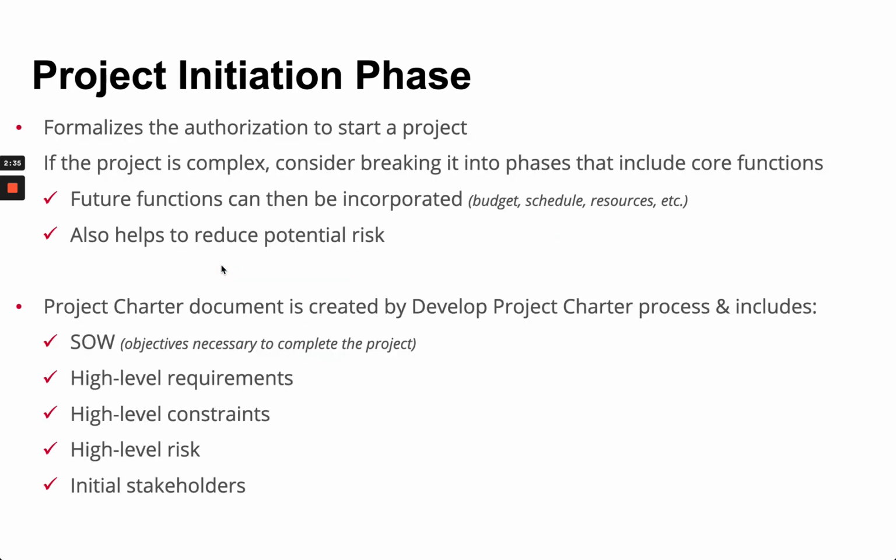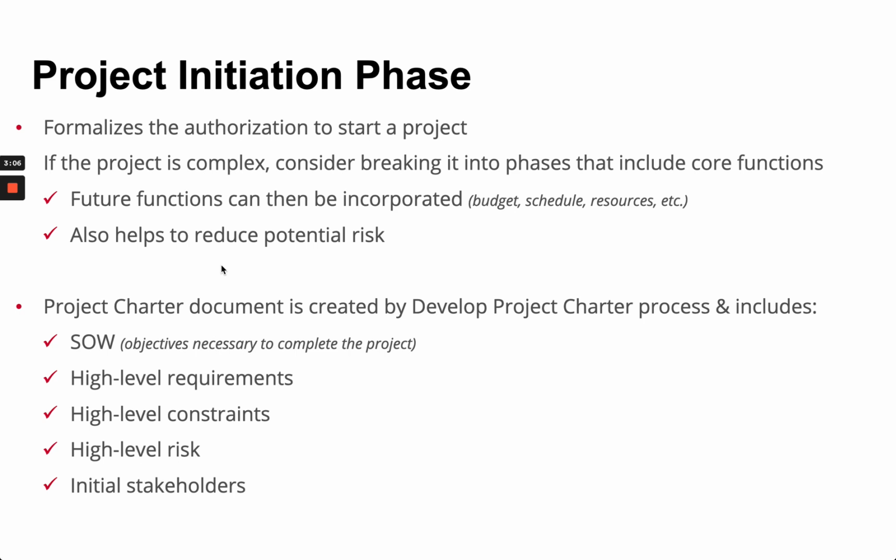Okay, the initiation phase, it starts the formalization of authorizing to start a project. And, oh, by the way, if it's a somewhat complex one, like the one I was just saying I've been involved in, a global enterprise deployment, you may want to break it up into different phases, maybe different core functions. We're going to do the core network. We're going to do the remote locations.